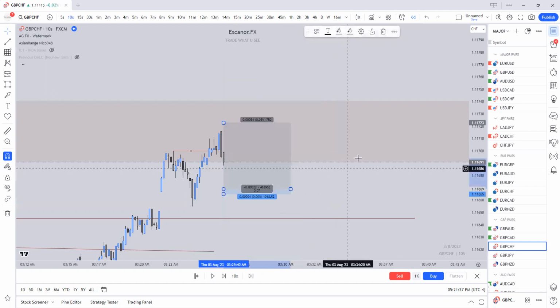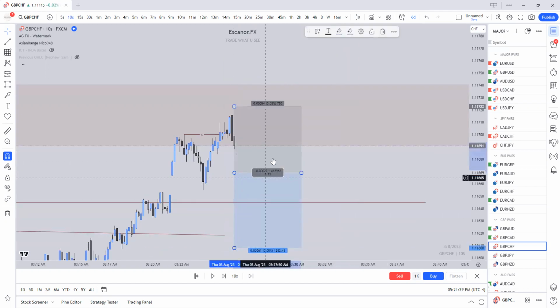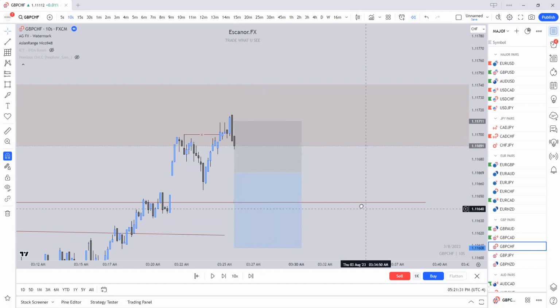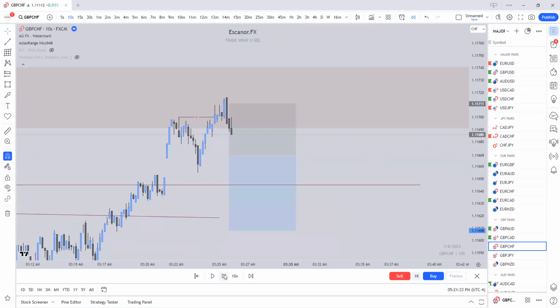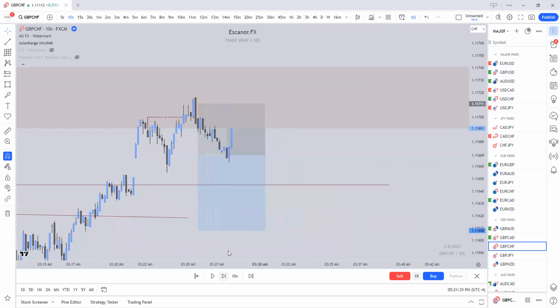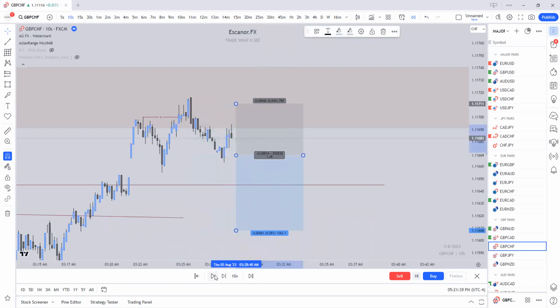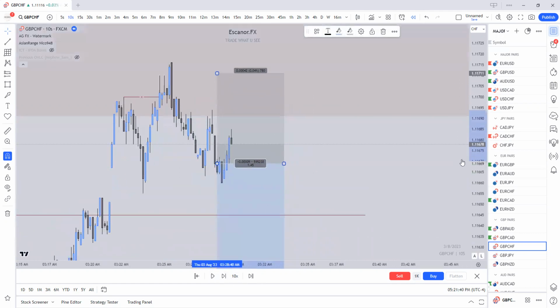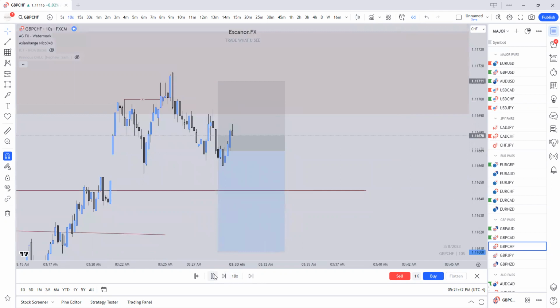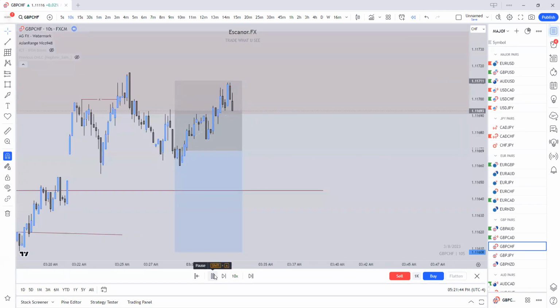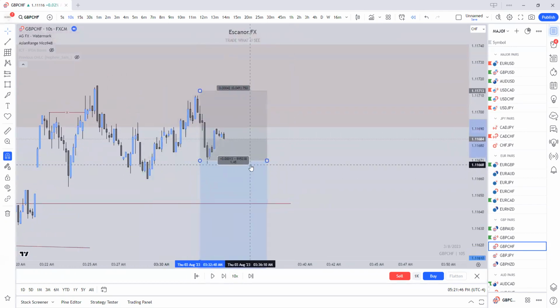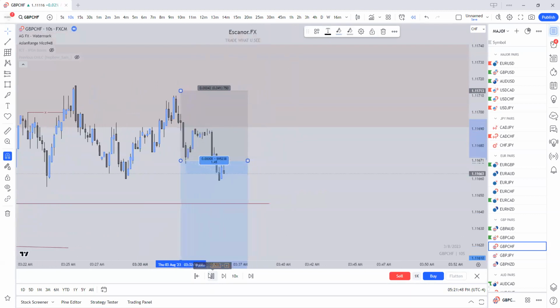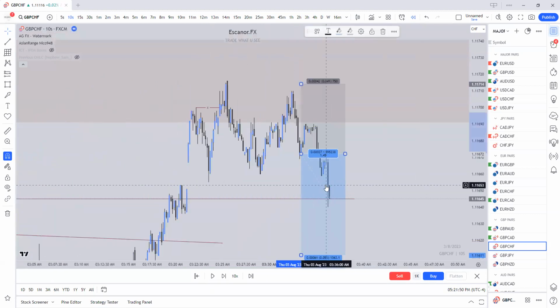I think my stop loss got me in at this point. Yeah, at this point, and my stop loss was, I don't remember exactly. Yeah, I think at this point.